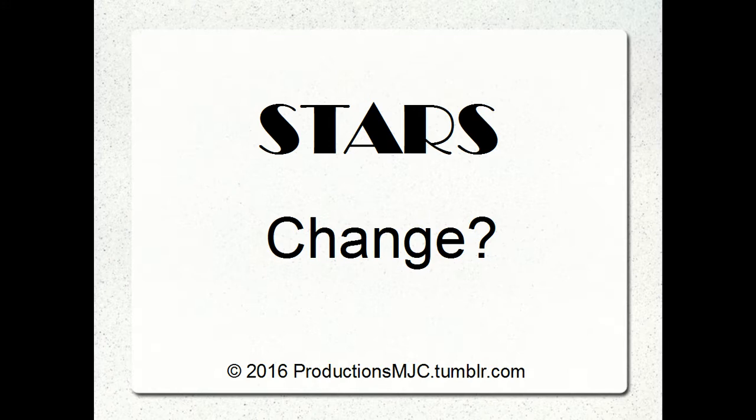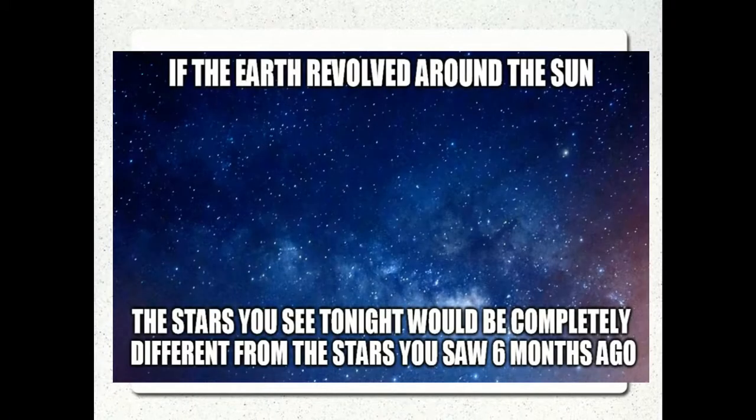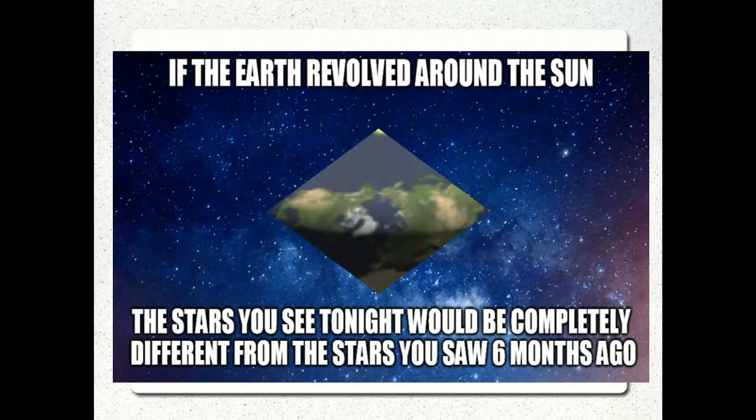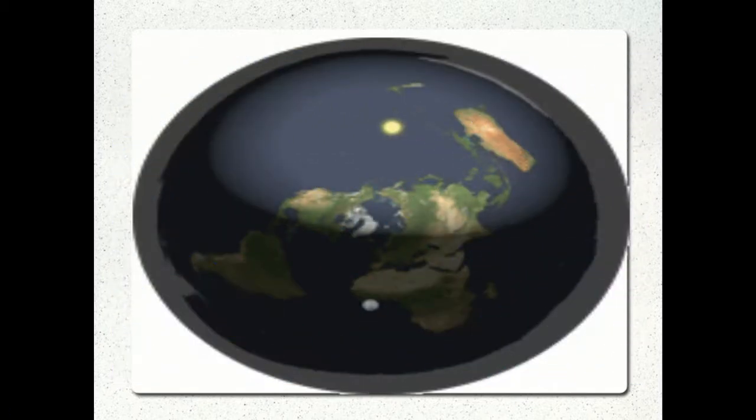So in researching this, somebody sent me a meme about the stars. Do stars change? Well, if the Earth revolved around the sun, the stars you see tonight would be completely different from the stars you saw 6 months ago. And this person just kept hounding on that. The stars aren't different. You don't see a difference.